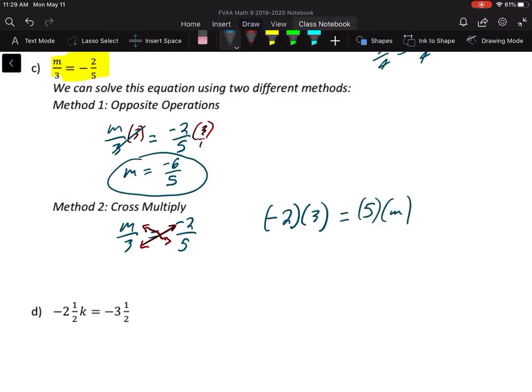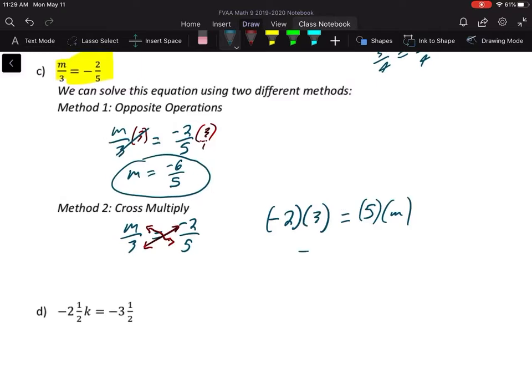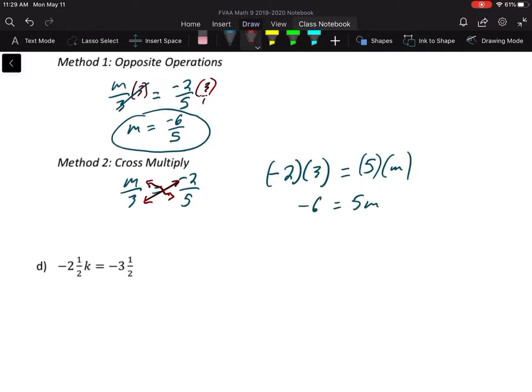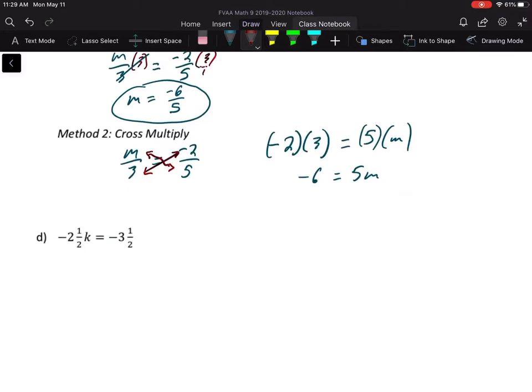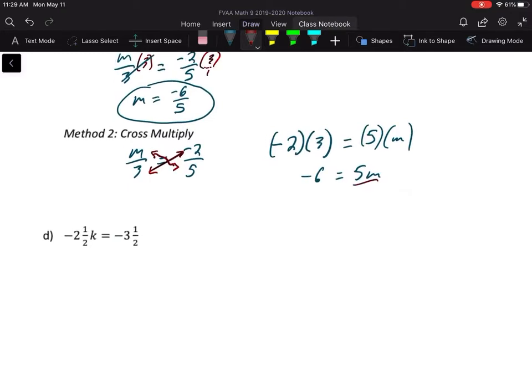So here you get negative 2 times 3 is negative 6 is equal to 5m. And then here, this is similar to a problem we saw earlier. So divided by 5, divided by 5, m is equal to negative 6 over 5. Either way, you get the same answer.